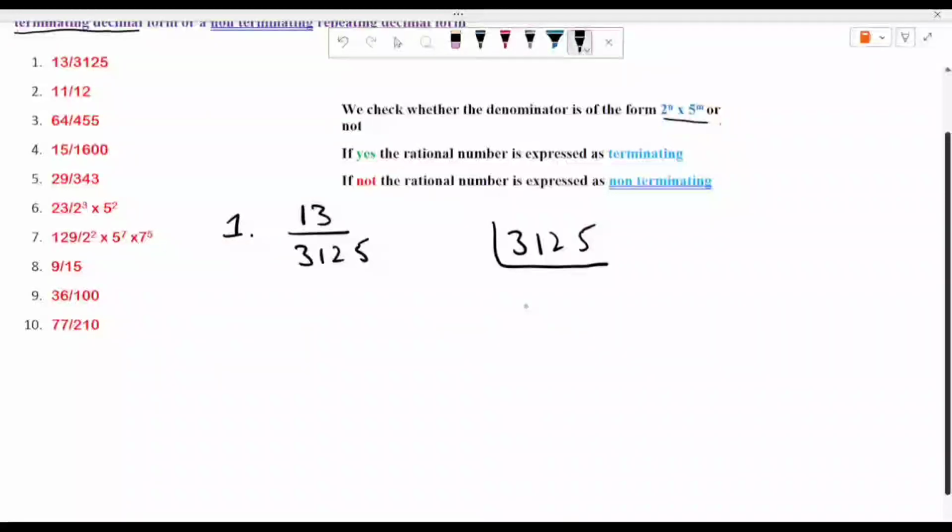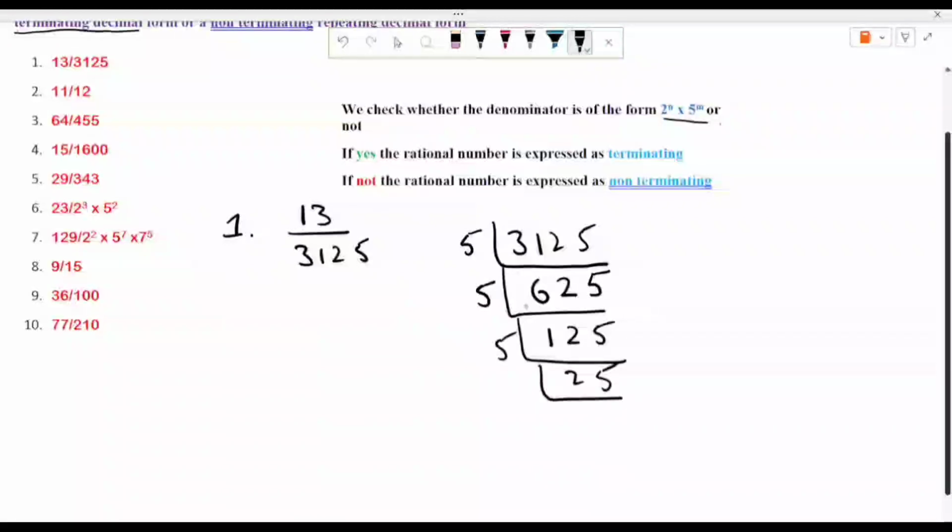Start with 5. 5 sixes are 30, 5 twos are 10, and 5 fives are 25, so 3125 divided by 5 gives 625. Again with the 5 table, 625 gives 125, then 25, then 5, then 1.